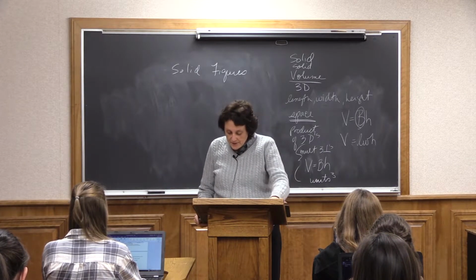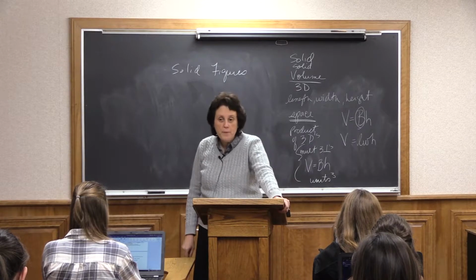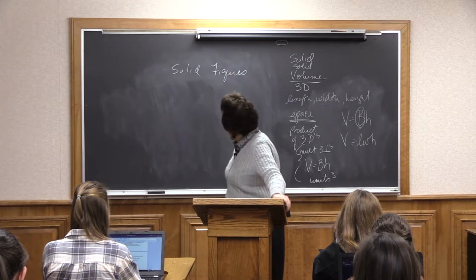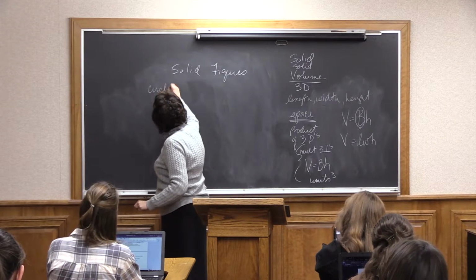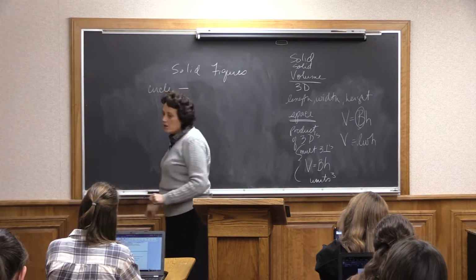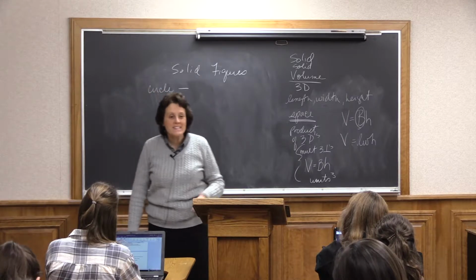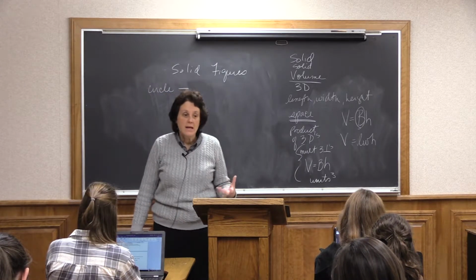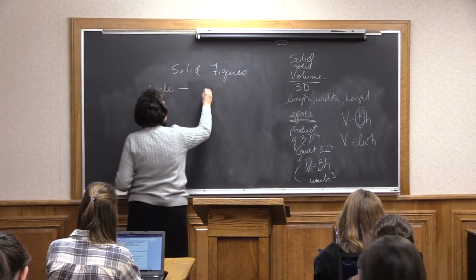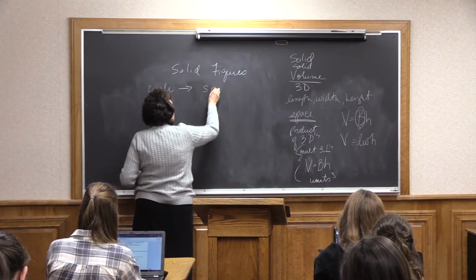Solid figures involve 2 main, well, let's go ahead and get this set up. A circle is the set of all points in a plane equidistant from a given point. A sphere is the next step.